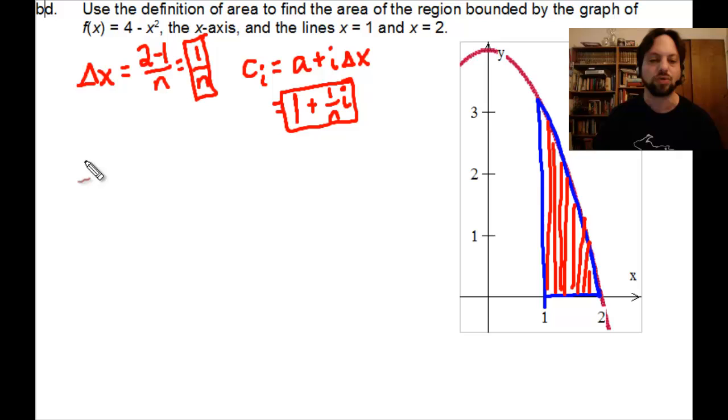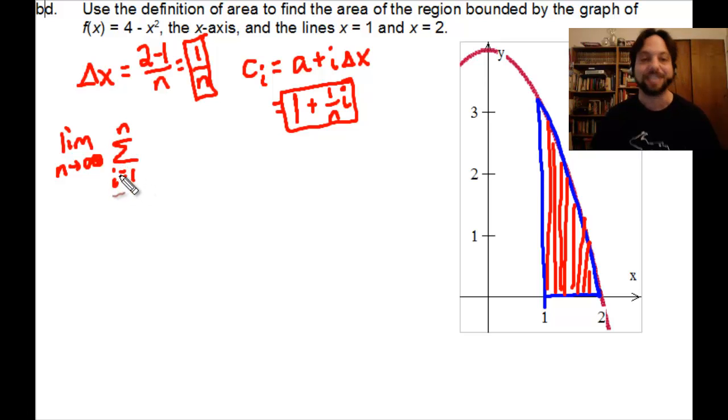And now all we need to do is run these through the definition of area formula. Again, that's the limit as n approaches infinity, because that's how many rectangles we want. We'll do sigma from i equals 1 to n. That'll represent each rectangle along the series. f of c sub i is going to be 4 minus c sub i squared.